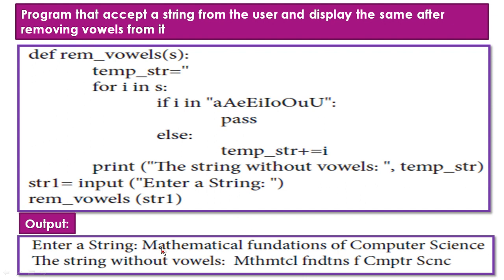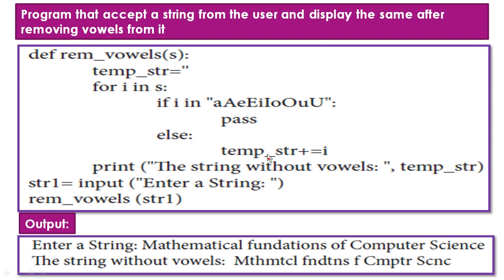For the next value, A is searched in this text, that is AEIOU. So A is here, so pass. We already saw this in the previous chapter. Pass means it is doing nothing; it simply moves to the next iteration.